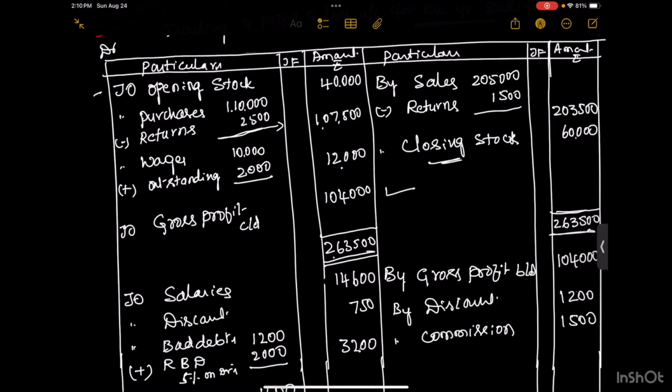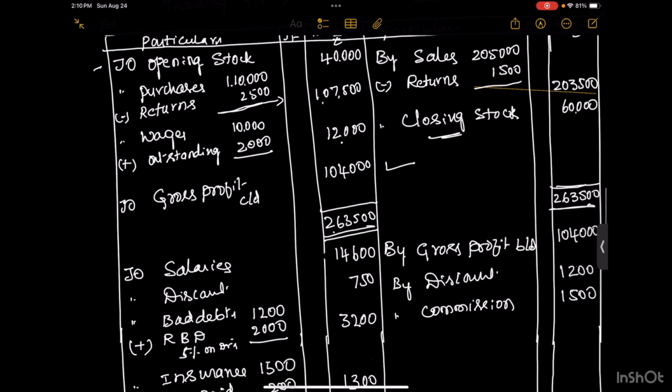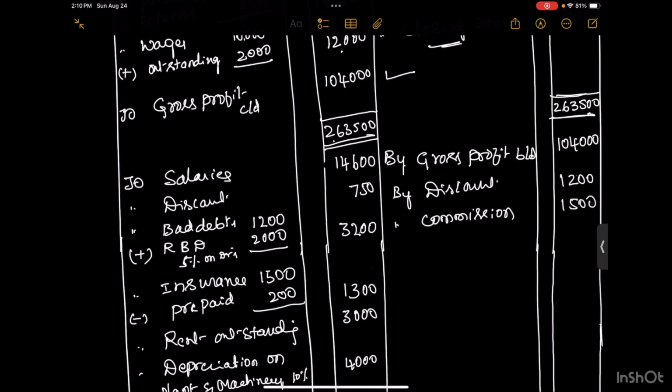Okay, so this 1,04,000 is the gross profit, and this gross profit is to be brought down here. By gross profit brought down 1,04,000. So we have to take it on the credit side of the profit and loss account.